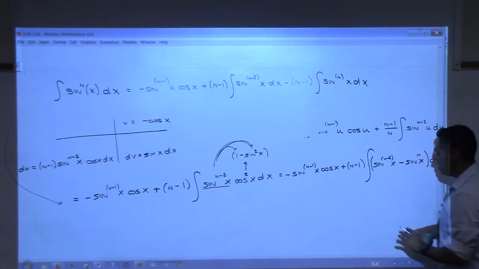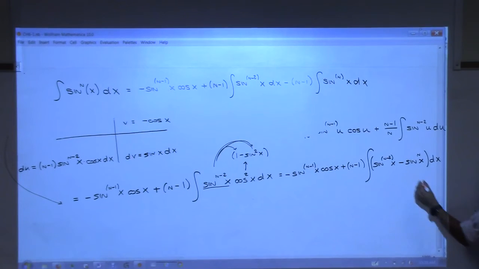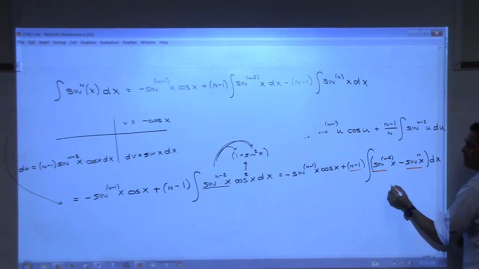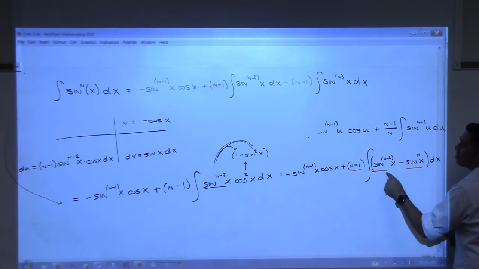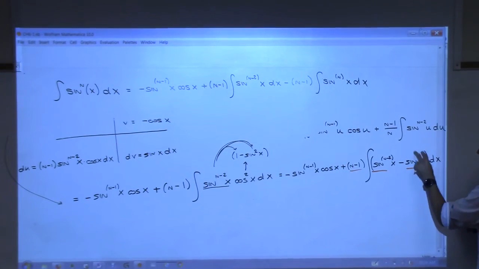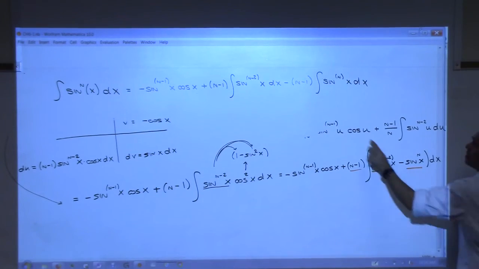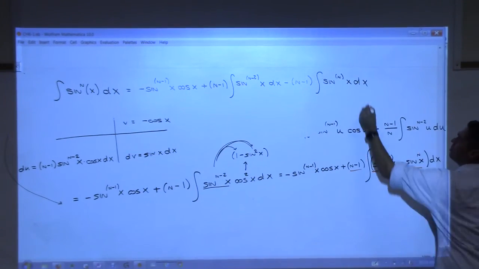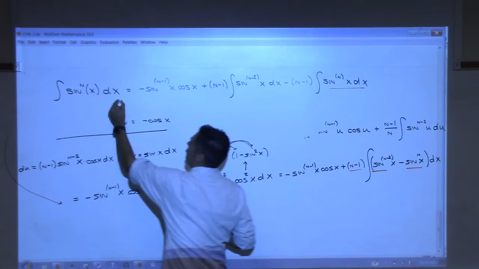What happened here? What did I just do? I had two terms here, right? So I did the integral of each one separately, and I distributed the n minus 1 to each of them. So I have n minus 1 in front of this integral. That's here. And then I have n minus 1 in front of this integral with the minus sign, right? That's right here.